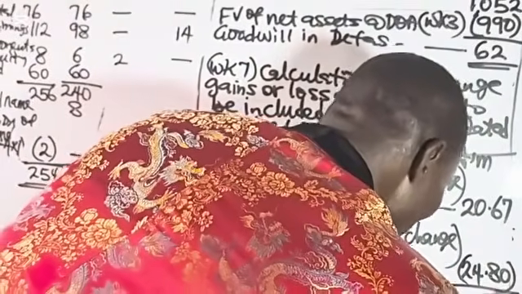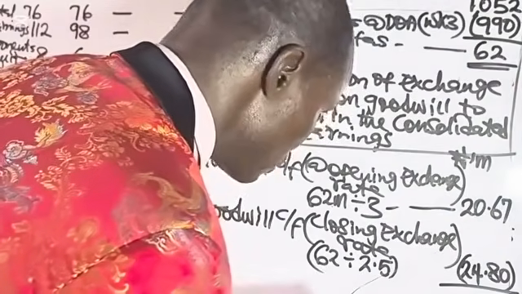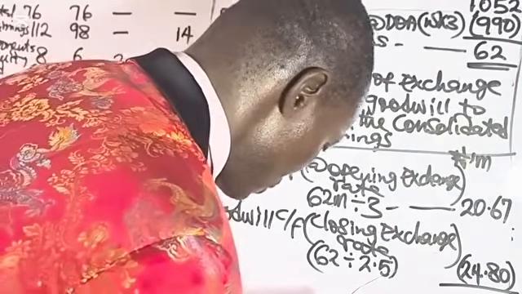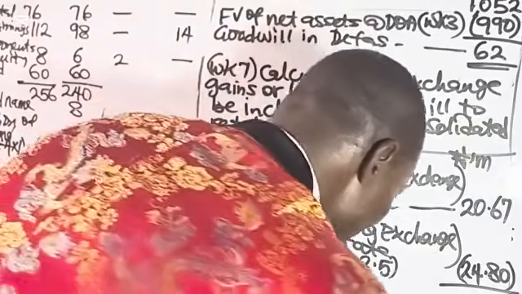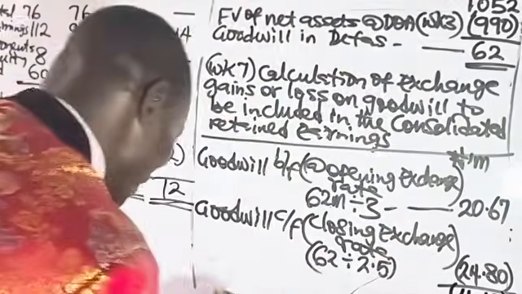So you have the difference of 4.13. That is the exchange gains.